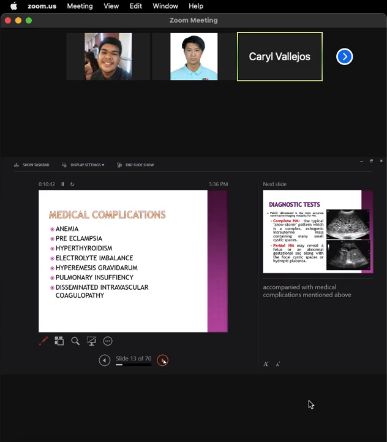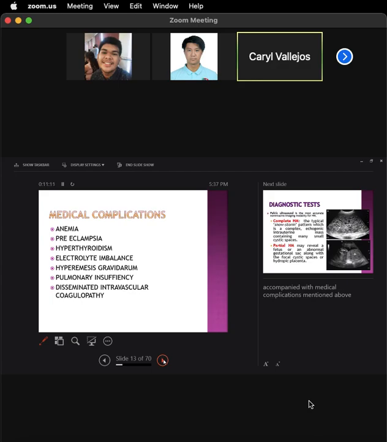Electrolyte imbalance could be secondary to hyperemesis gravidarum. So why is it that patients with H mole or hydatidiform mole experience severe hyperemesis or severe vomiting? That is because of the elevated beta hCG.